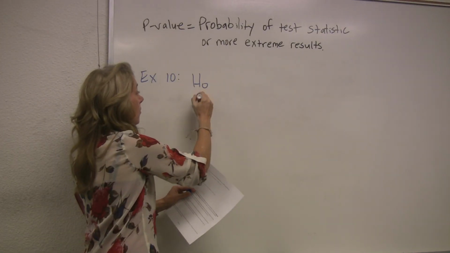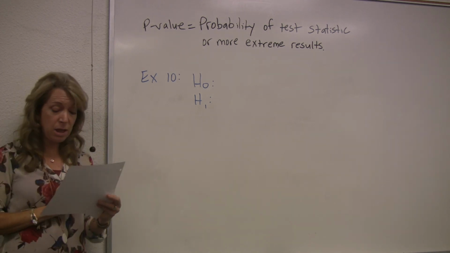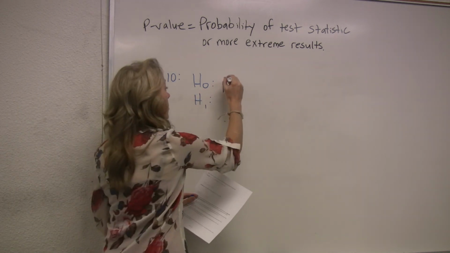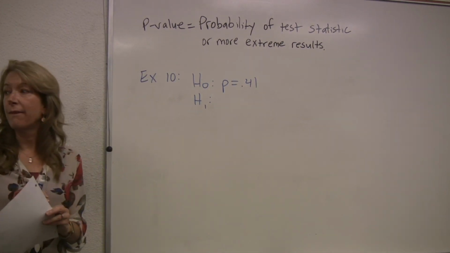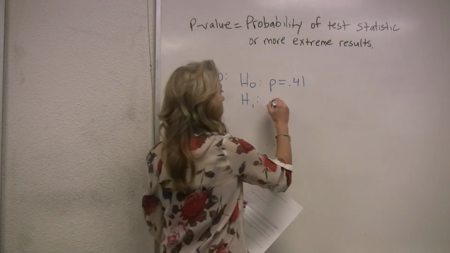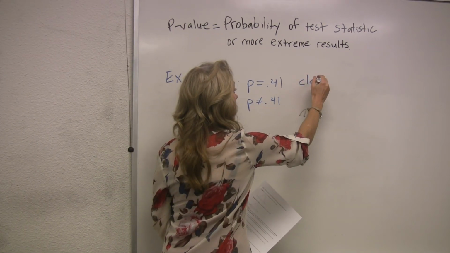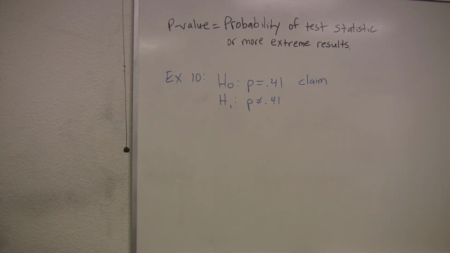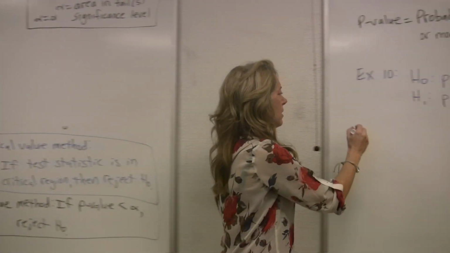P equals 0.41. You agree with Kirsty? She said P equals 0.41? Proportion again? So what was H1? It's not equal. And this one was my claim. So then you have to support it. You're close. You reject it or not. Yeah, and then it said failed to reject, right? Yeah, so it's.